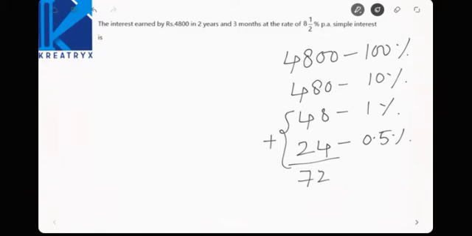When you subtract 10% minus 1.5, you will get 8.5%, and for 1 year the interest will be 480 minus 72, that is nothing but 408. So this is the simple interest for 1 year.